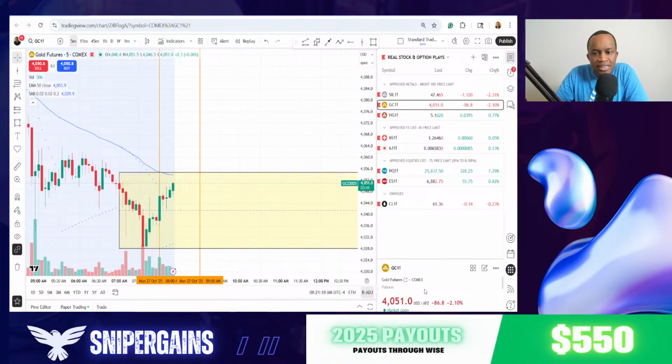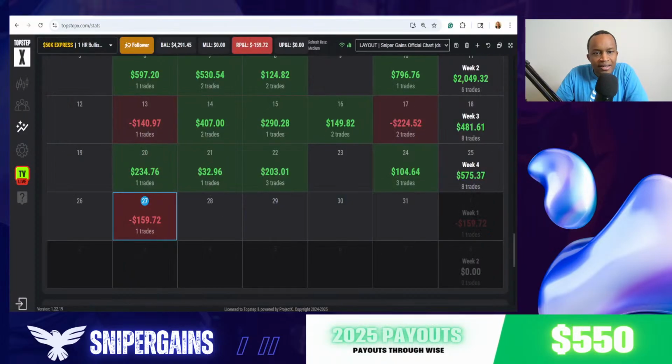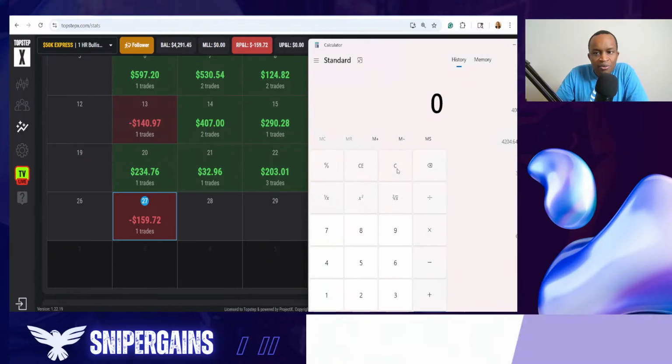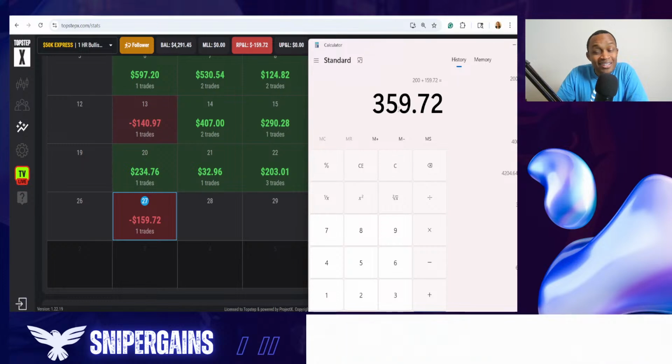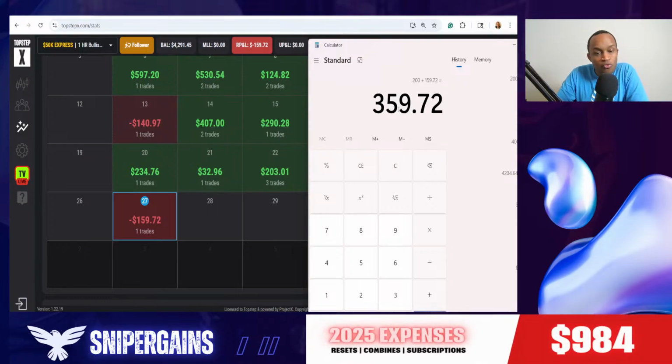Now, key thing, since we took a hit of 159.72, if we're trying to find a good setup, we need to make sure that it will get us at least 200 plus. So 200 plus 59.72. We would need at least a trade that can give us a profit between 400, ideally around 420 to about 450.